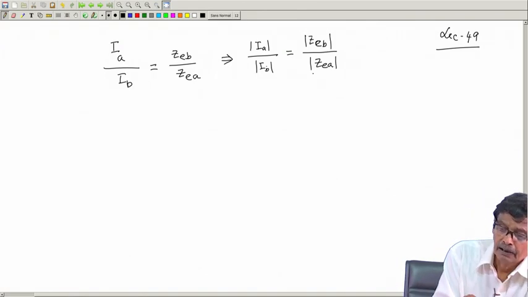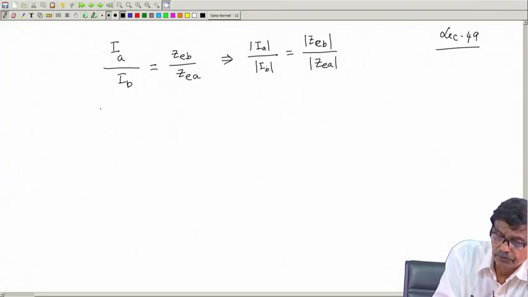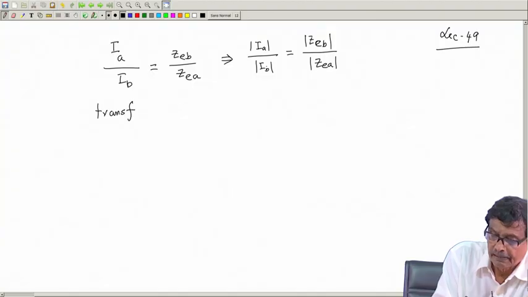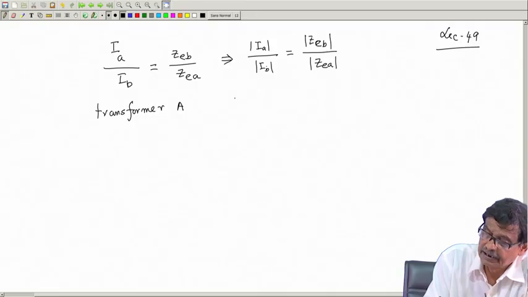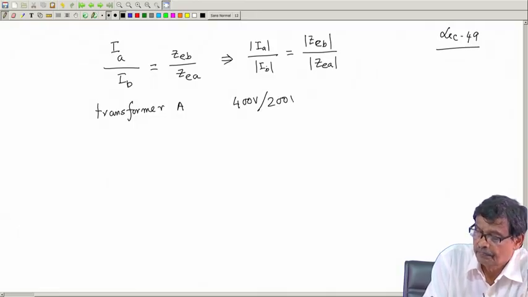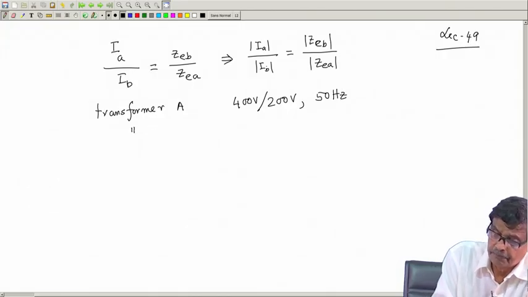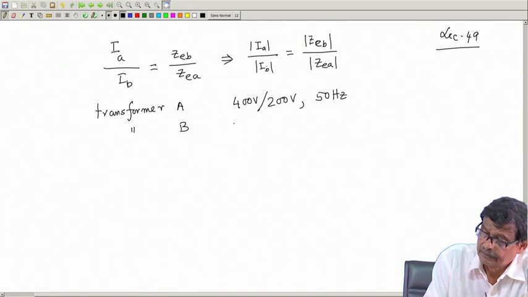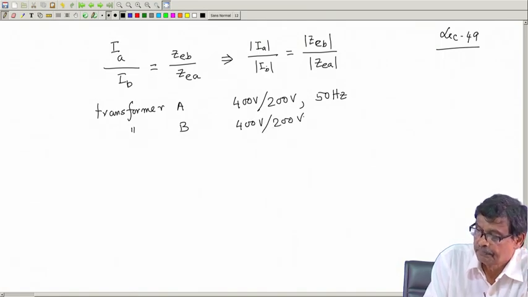Now suppose you have two transformers. Transformer A is of rating 400 volt by 200 volt, 50 hertz, and transformer B has the same voltage rating, it must have 200 volt, 50 hertz, that is fine.